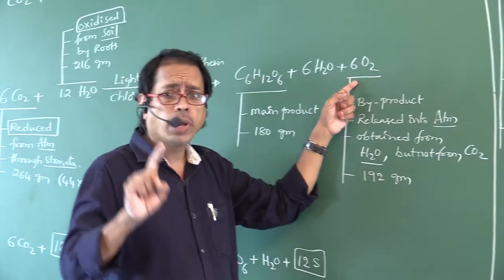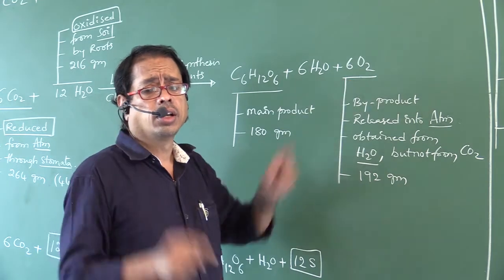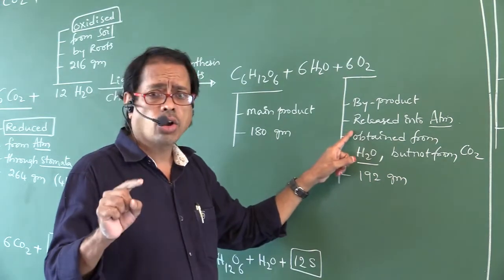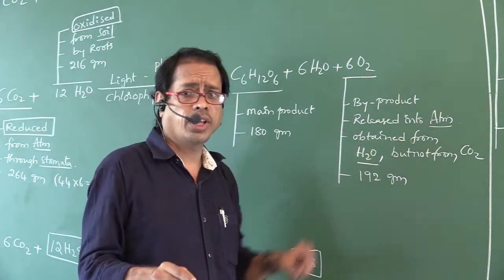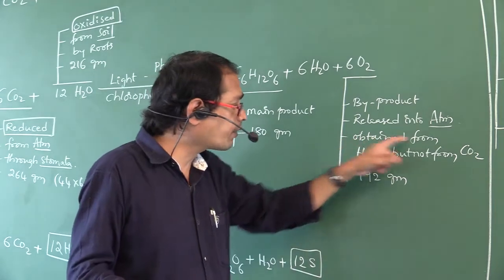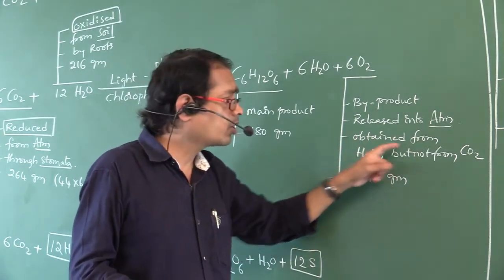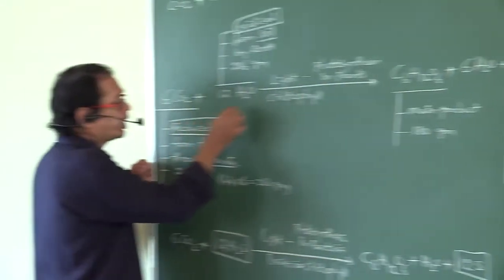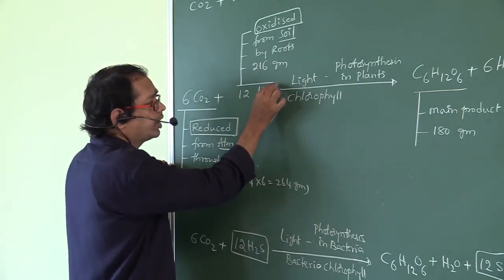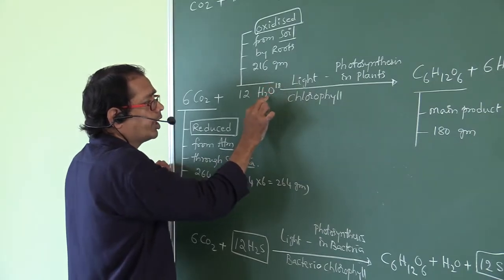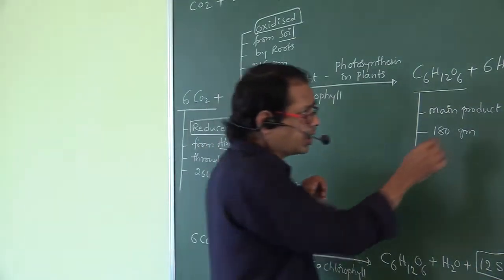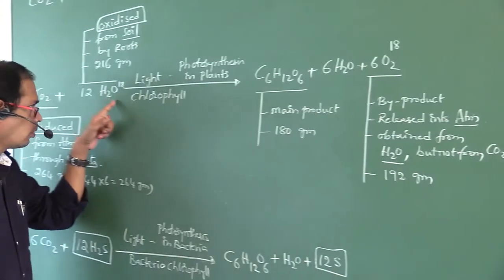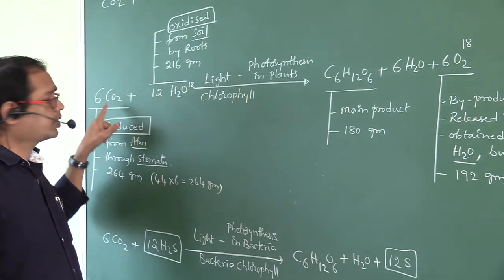And what is the byproduct formed in photosynthesis? Oxygen. This oxygen is released into the atmosphere. This oxygen is obtained from water but not from CO2. That means here they have taken O18 in H2O, and this O18 oxygen is evolved from water but not from CO2.